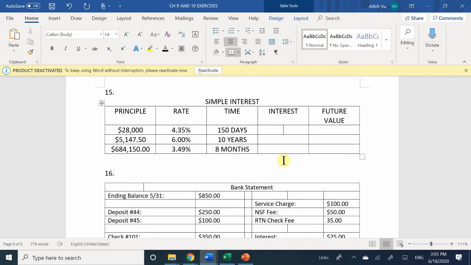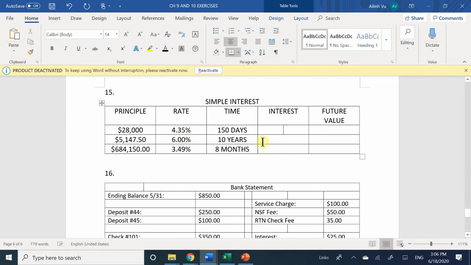So how many months are there in a year? 12. So we're going to figure out what 5 out of 12 is. That's 5 divided by 12, because we're only looking for 5 months' worth of time.